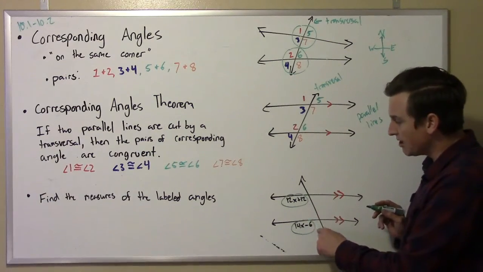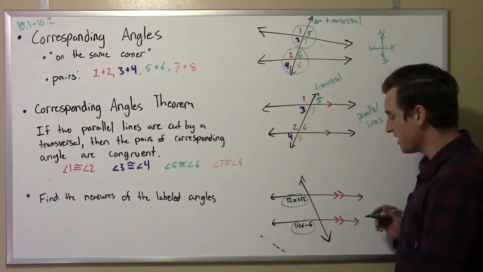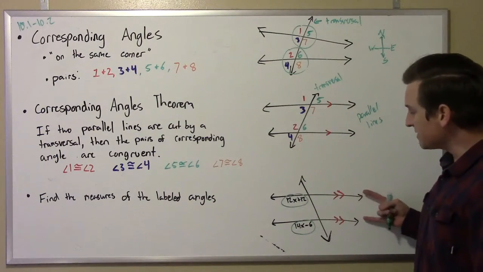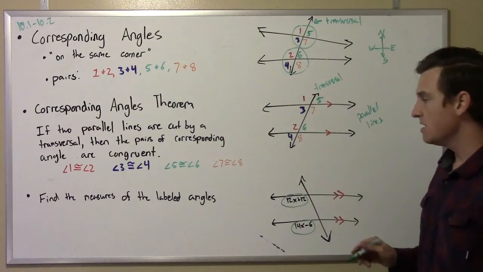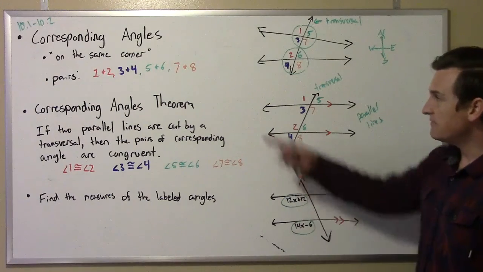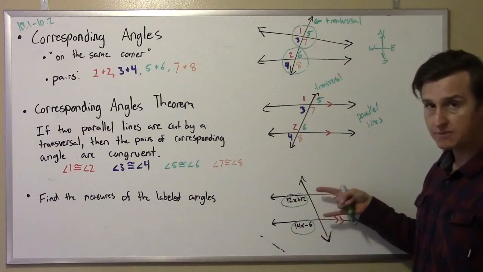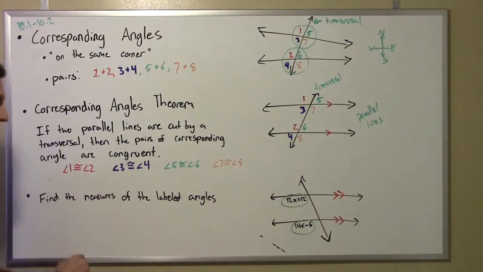In other words, they're both on the lower left-hand side of the intersection as you're driving through here. So they're corresponding angles. Now the fact that these lines are parallel means that these corresponding angles have to be congruent to each other. So what we can do is use the corresponding angles theorem to say these angles have to be congruent, which means we can set them equal to each other.